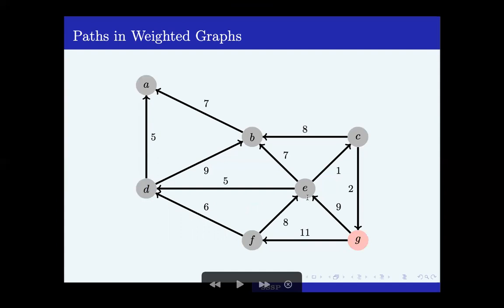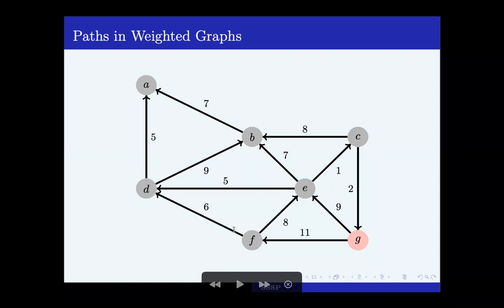Is there any other way I can go from G to E that will incur cost of less than 9? No, sir. No. Why not? Sir, because only two paths are available, one going through E directly and one going through F.